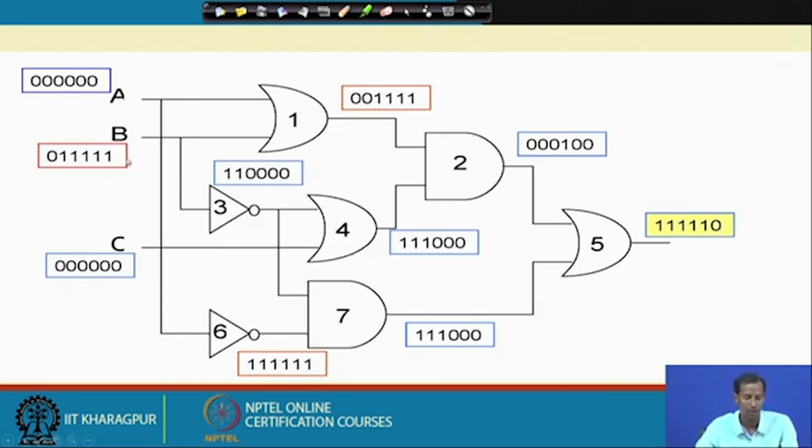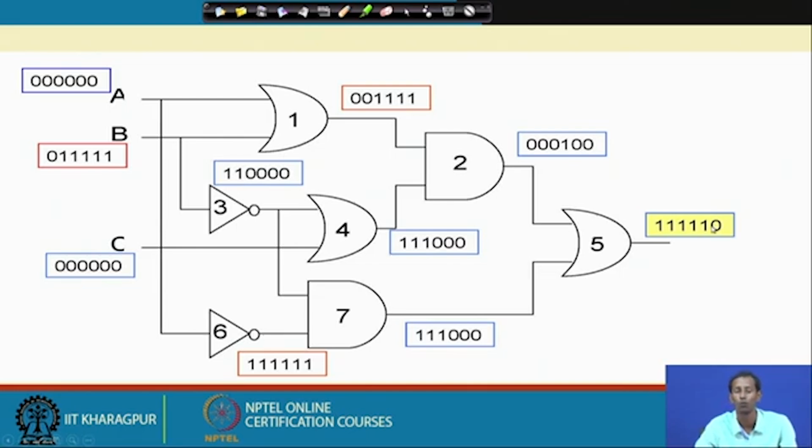Why? Because of this inversion at B. So, 1, 2, 3, 4, after 4 levels of delay, the corresponding change tries to reflect at the output.